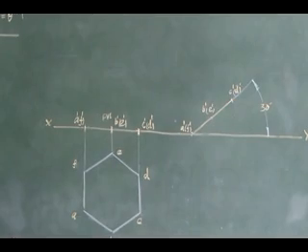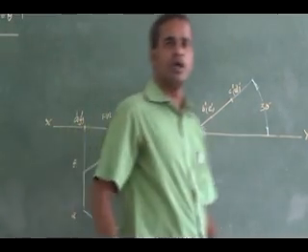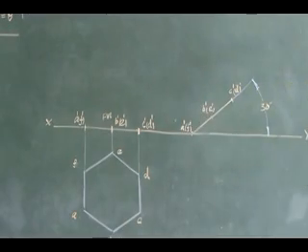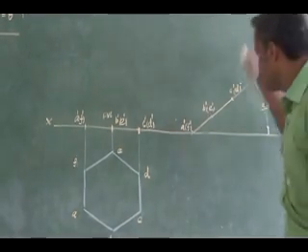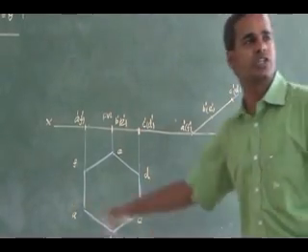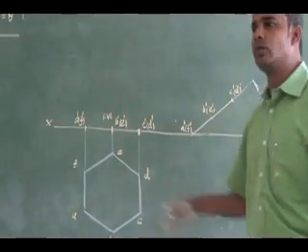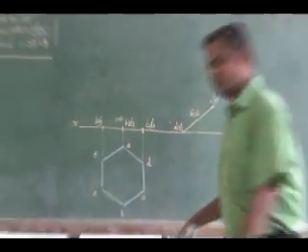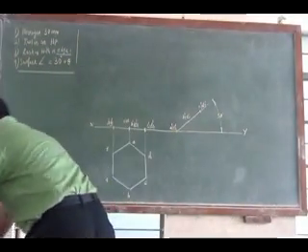So how can I end up with my final top view? Anybody? How can I draw the final top view? By drawing projectors from the front view and extending horizontal projectors from the previous top view, I can get the final top view. Right. So how can I draw it?